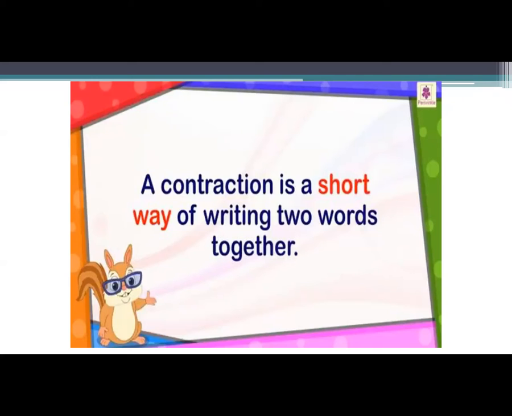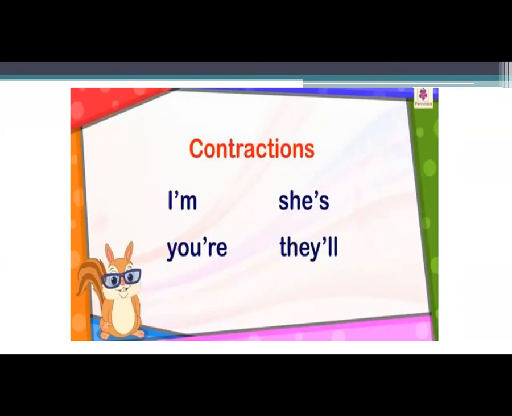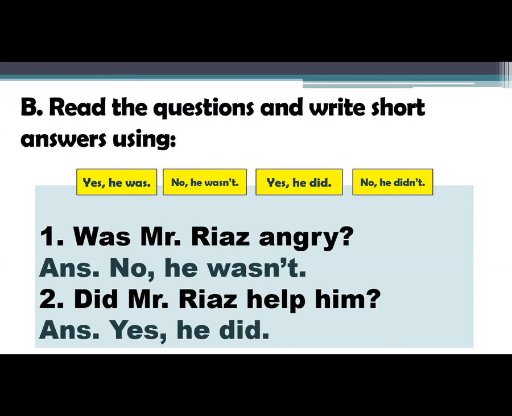I'm, she's, you're, they're. These are known as contractions. Remember, we leave out some sounds or letters in our contractions. And an apostrophe is a punctuation mark used in contractions.